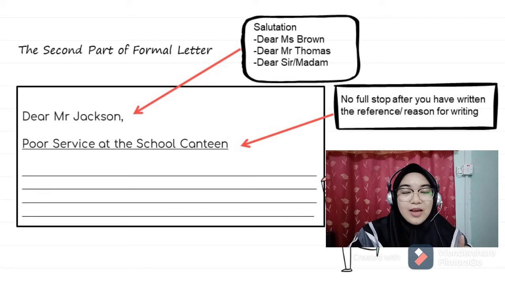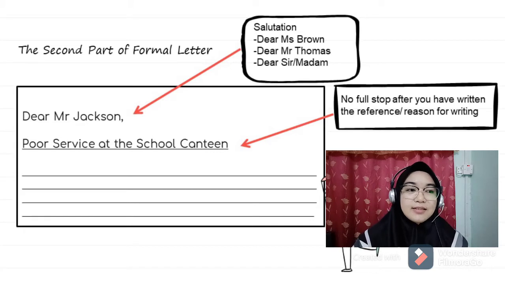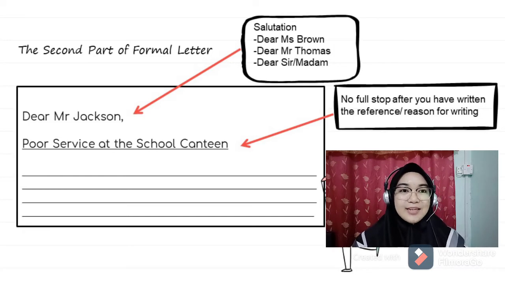Next, you also have to remember that there is no full stop after you have written the reference. Look at the diagram below. This is the perfect example. For instance, "Dear Mr. Jackson", comma, and then skip one line, "Poor service at the school canteen".